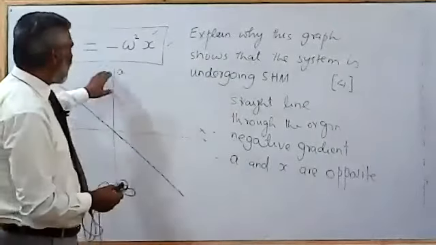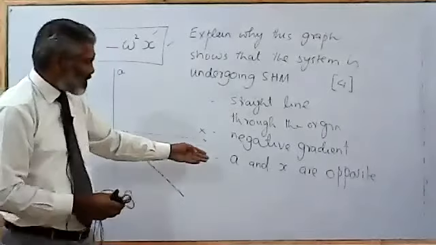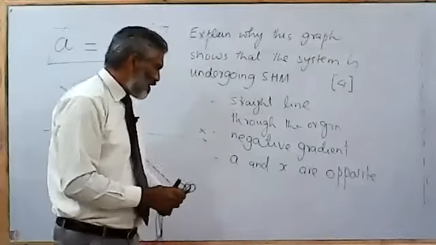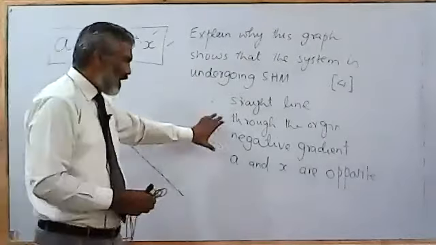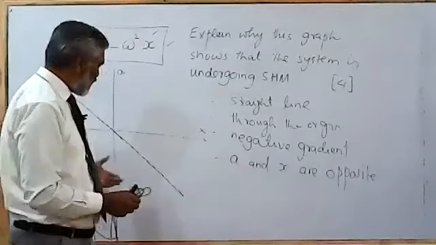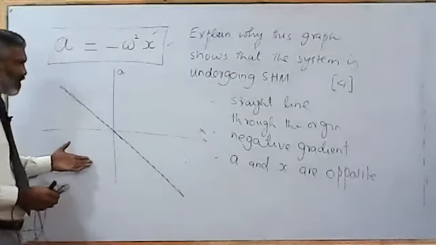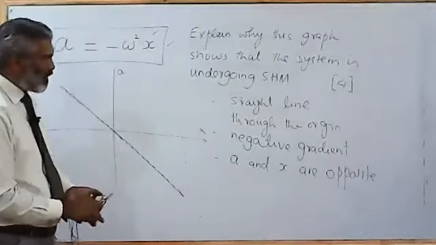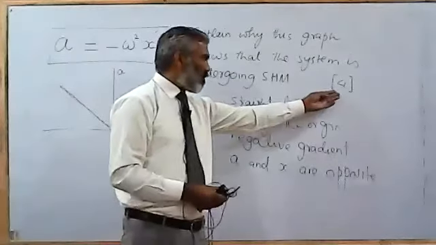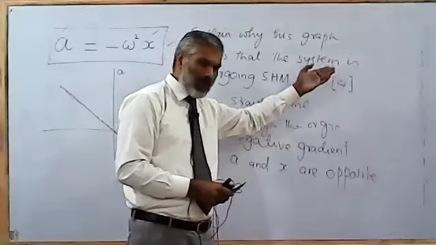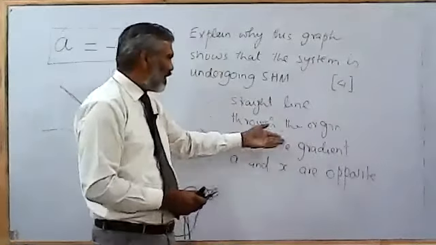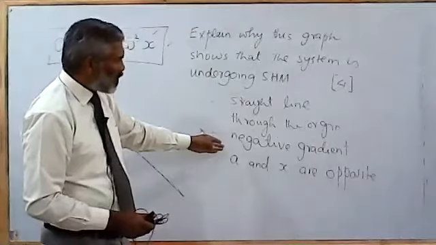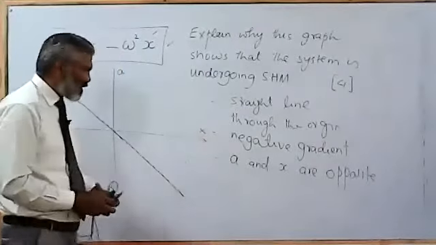So that is why this negative sign, and that simply means that acceleration and displacement are opposite. So these are the 4 points that you will always include in your answer when they ask a question like this. Yes, if it is not a 4-mark question, maybe sometimes it's 2 marks, sometimes 3, then either 2 or 3 points will be sufficient.